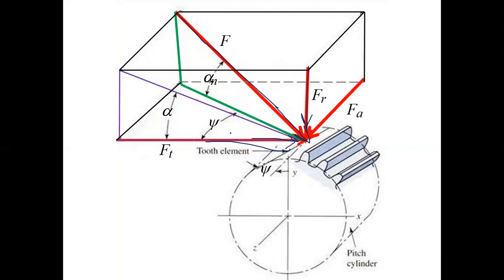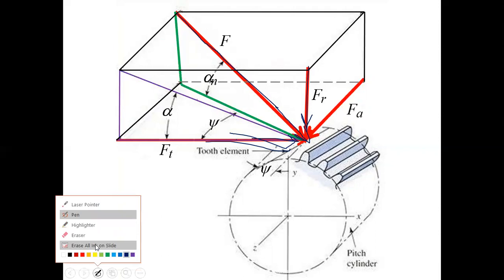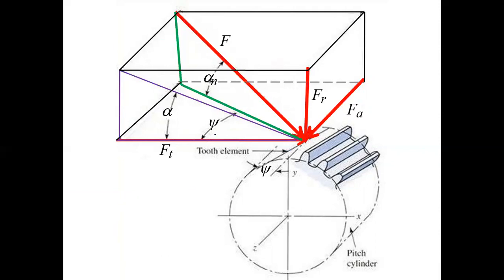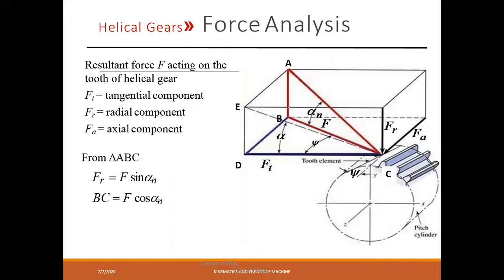So there are two components, Ft and Fr. Now this angle is psi, which is the helix angle. Alpha n and alpha, both angles are given. Fa is the axial force, Ft is the tangential force, F is the actual force, and Fr is the radial force acting on the helical gear tip.